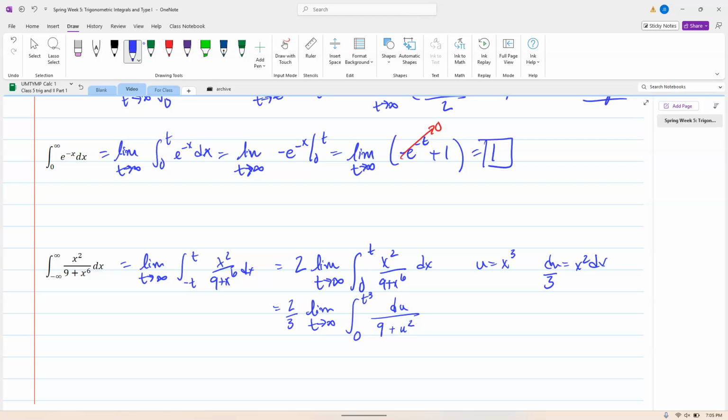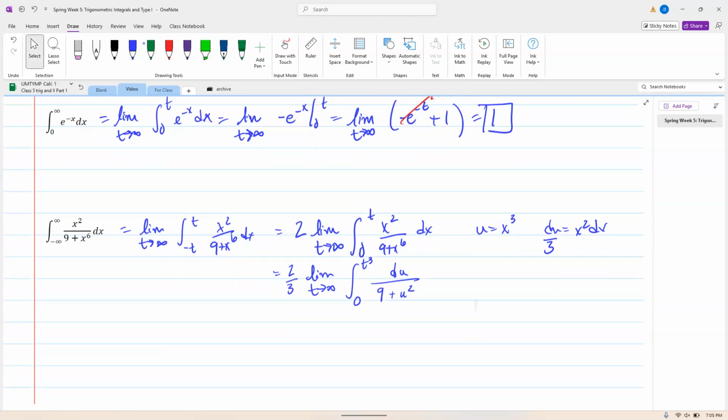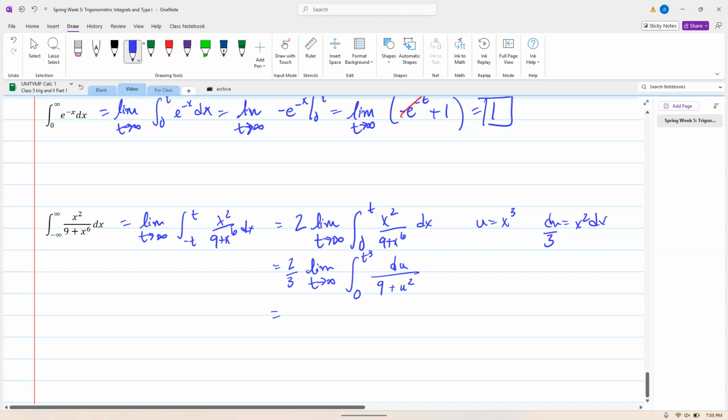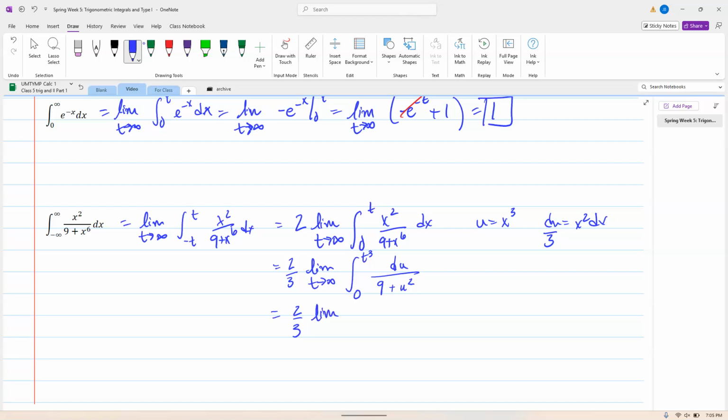Okay. And so specifically, you could go through and do a u sub and all that jazz. What we end up getting at the end of the day is 2/3 times the limit as t goes to infinity. We'd have to move the 9 in, which would divide 9 out.